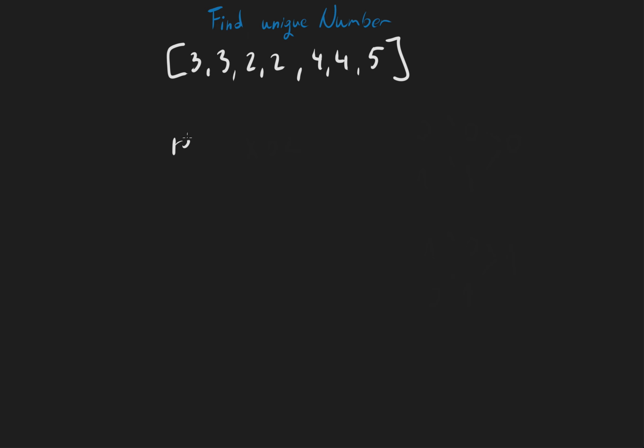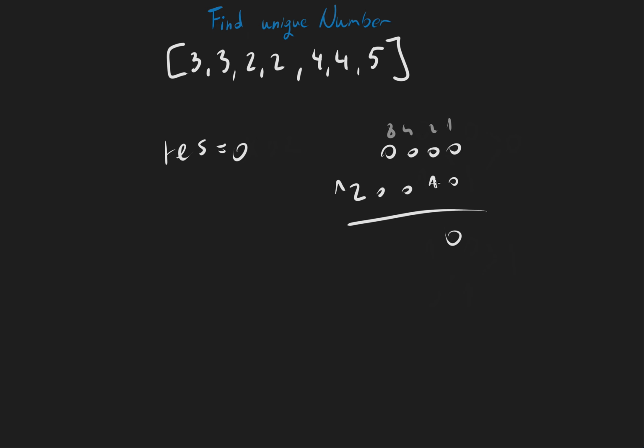If we have a results variable here, let's say we start with results being 0, which represents all the bits being zeros. If we XOR this current results variable with 2, this becomes 1 and 0 is 1, so it becomes 2. But then if we XOR this number with 5, let's move the 5 down. 5 is just one bit of 4 and one bit here, all the rest is zeros, so we have 1, 1, 1, and 0.